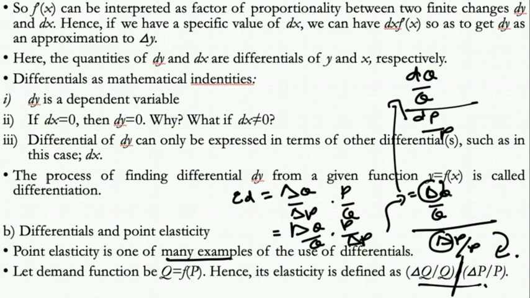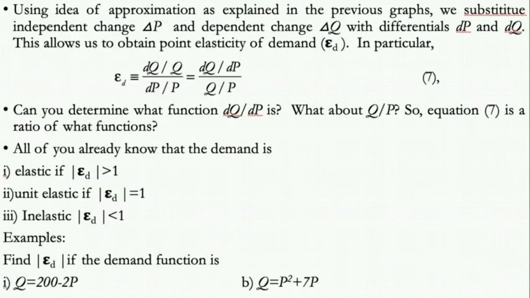Okay, so this is what I mean just now, expression 7. Now if you look at expression 7 here, can you determine what function dQ over dP is? This is nothing else but derivative, isn't it?